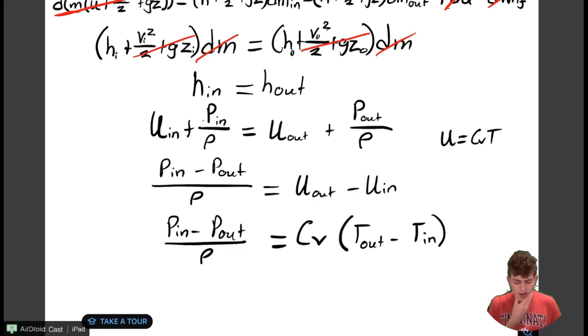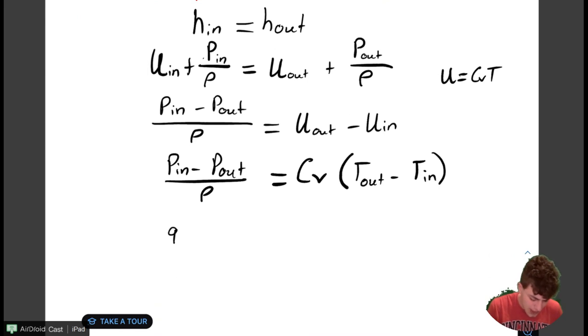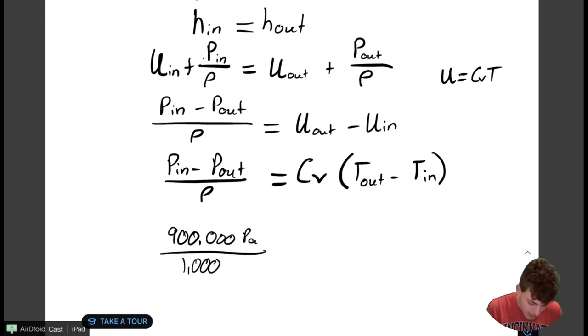So in this case, we could go ahead and plug and chug all of these numbers here and come out with some idea of the change in temperature of our water. Now we said that the change in pressure was, I believe, 900,000 pascals. And the density of water is usually tabulated at about 1,000 kilograms per meter cubed, I believe.